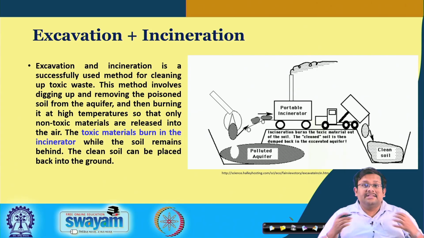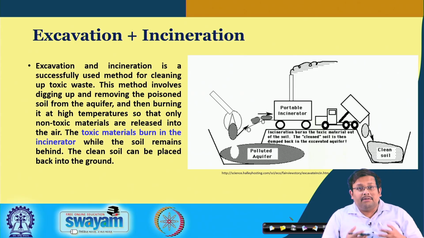This method involves digging up and removing the poisoned soil from the aquifer and then burning it at high temperature, so that only non-toxic materials are released into the air. The toxic material burns in the incinerator while the soil remains behind, and then the clean soil can be placed back into the ground. This is the total process, and this picture shows this process.